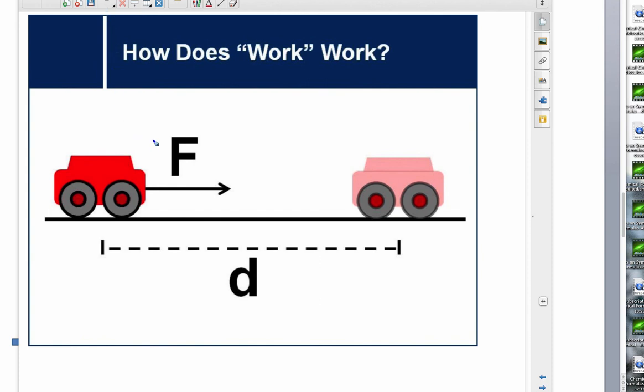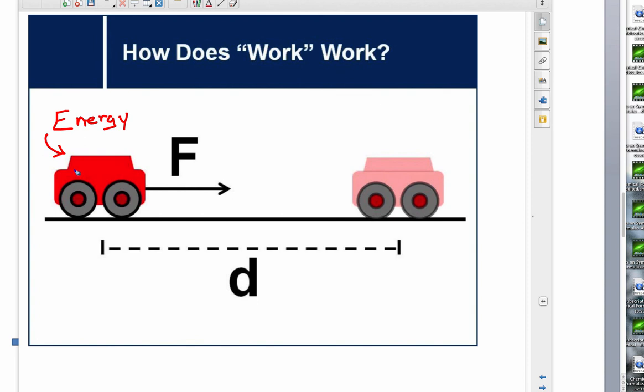But here you see force, and we're going to just use this to try to help us understand energy. Okay, so if we transfer energy, how might I transfer energy to a cart? Well, I might give it a shove. I might hook a rubber band to it and pull it back with a rubber band.